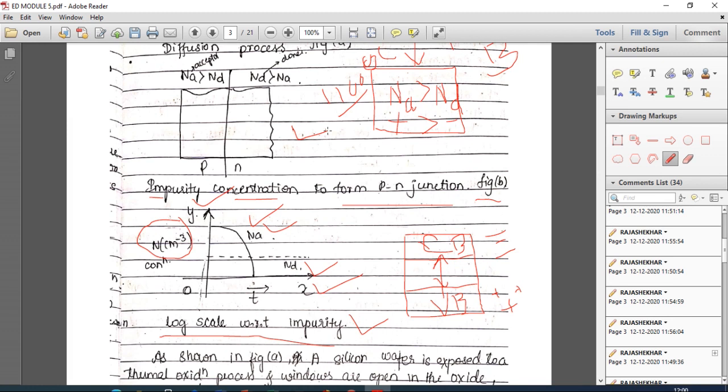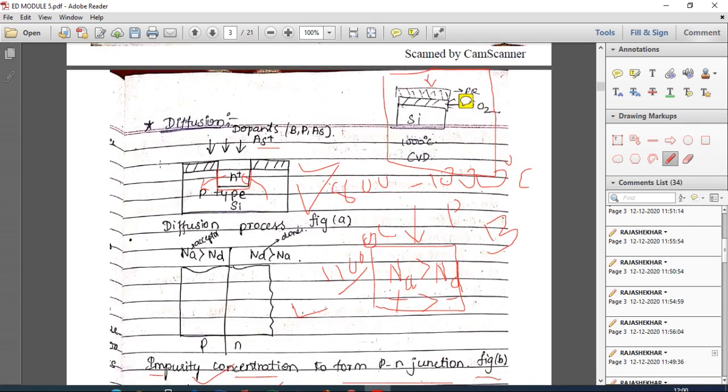In general, diffusion is nothing but moving the charge carriers from a higher concentration area towards a lower concentration area to form p-type and n-type material. This process is always carried out after the thermal oxidation process. That you have to remember. So this is about diffusion.